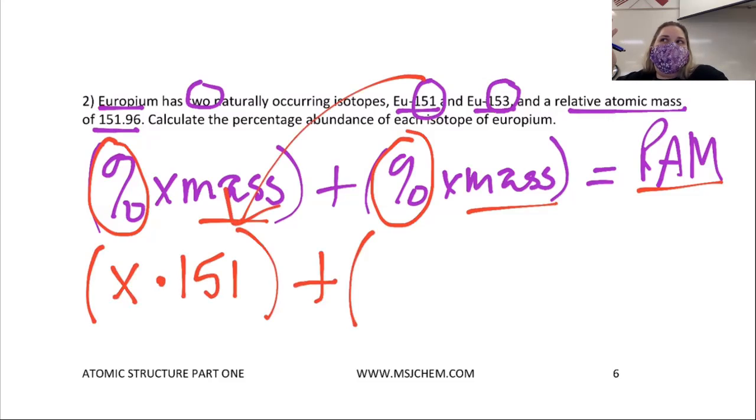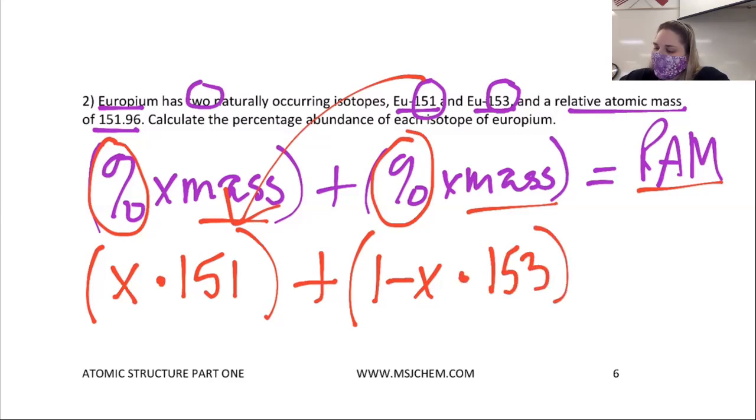But I know that if I add the decimals together, I'm going to get 1, since the percentages add up to 100. So I'm going to call this one 1 minus X. If you're given a problem like this with 2 isotopes, you can solve it by making one of them X and the other one 1 minus X. Then I still have to multiply that by 153, and that equals the average, 151.96.